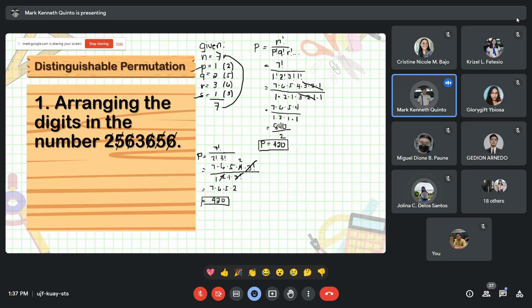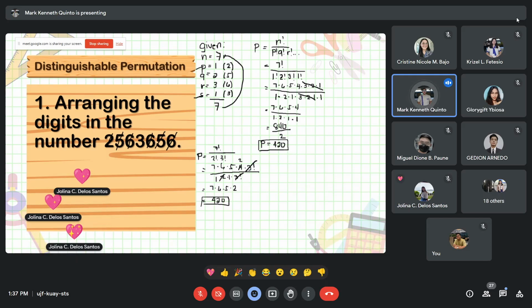Pero, meron pang mas madali dyan, using your scientific calculator ulit. Paano ba natin siya i-encode sa ating scientific calculator? Di ba kanina naituro ko na kung paano i-encode yung factorial? So, marunong na kayong mag-input ng factorial sa scientific calculator.